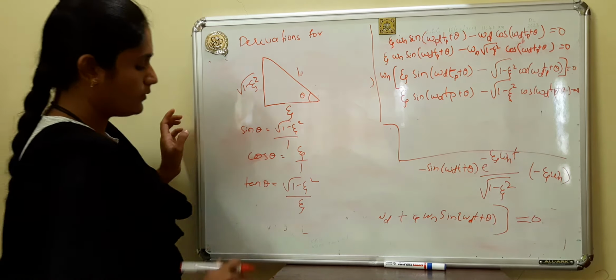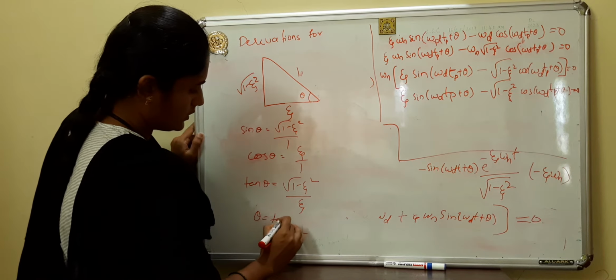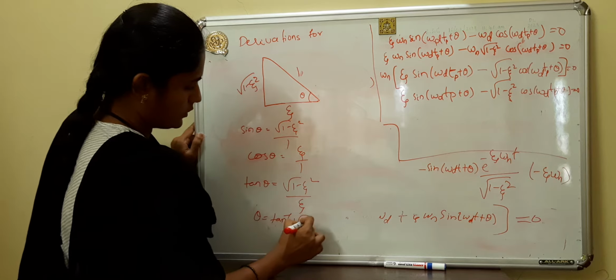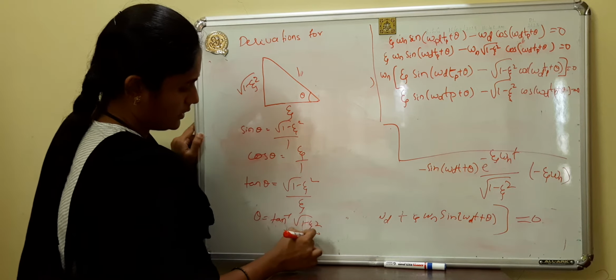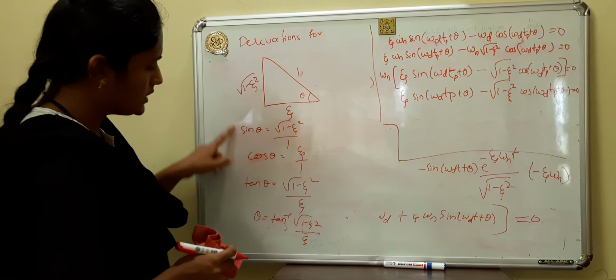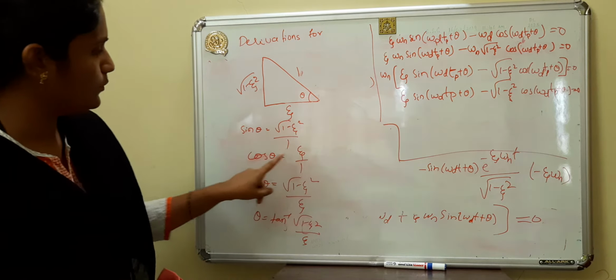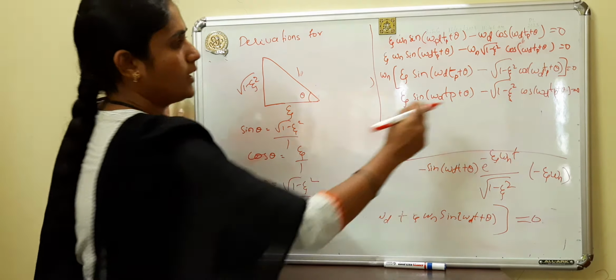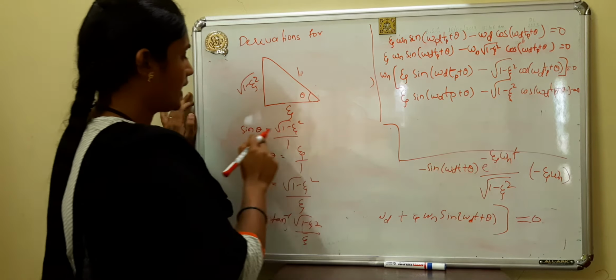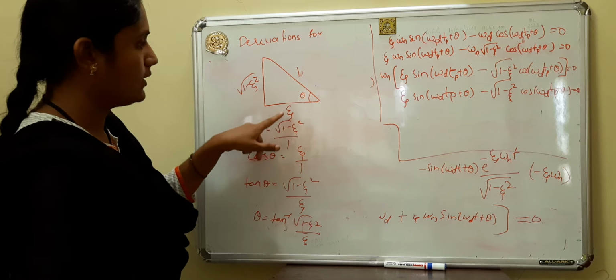In the previous formula we saw that theta is equal to tan inverse of square root of 1 minus zeta square divided by zeta. By using this formula we can substitute. In the case of zeta we can use cos theta. In the case of square root of 1 minus zeta square we can use sin theta. This is the relation between theta and zeta.